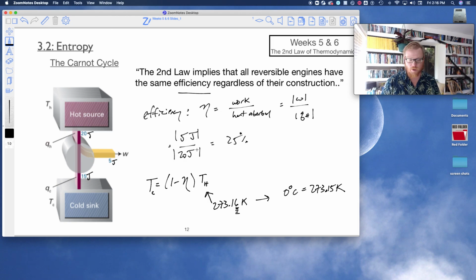They get this efficiency as a result, and then they can predict what the temperature of the cold sink will be. Using this idea, the 0 degrees Celsius equals 273.15, and measuring a whole range of efficiencies, so heat and work performed, that's how the Kelvin temperature scale was able to be put together, which is pretty cool.